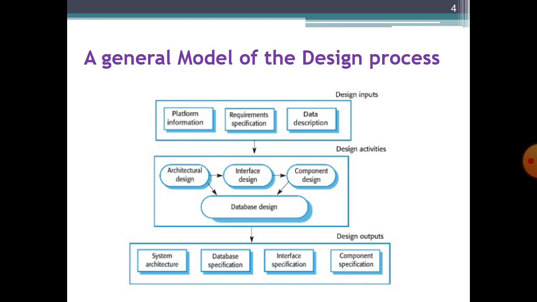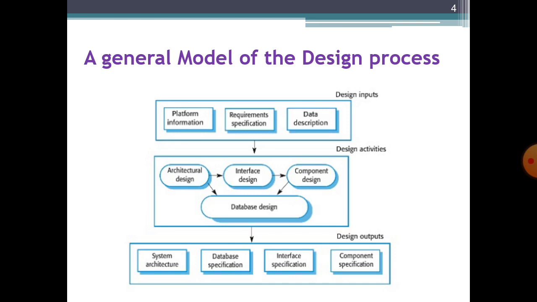So you should add formality and detail as you develop your design, with constant backtracking to correct earlier designs. If you see this figure, it's basically an abstract model of the design process, which shows the input to the design process activities, and the documents produced as output from this design process.